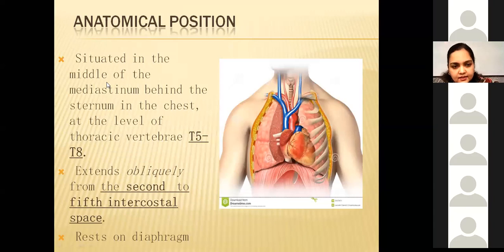We can say that the heart is at the vertebral level T5 to T8, and obliquely from the second to fifth intercostal space. We can trace the heart from the second to fifth intercostal space, and the thoracic vertebral level is T5 to T8. This is the anatomical position or location of the heart.